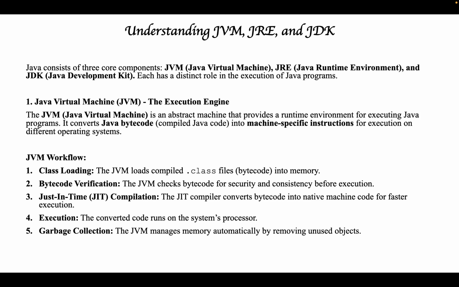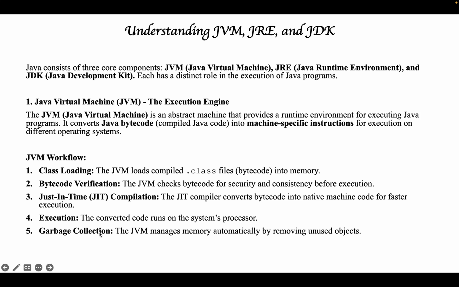Garbage collection. As I have told you earlier, Java has this great feature, garbage collection. There is a function in the Java Virtual Machine called the garbage collector. It periodically checks if there is any object which is not in use, and then it deallocates the memory for that object.